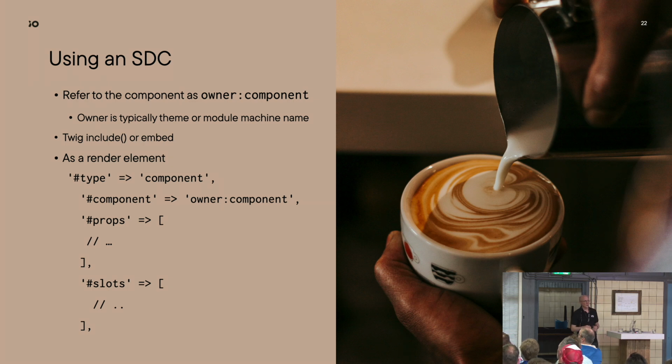So directly from your PHP code, when you would create a render element, you can say, okay, here I want to render a component, and it's owner.component, and then the props are just simple key value pairs, and the slots themselves are again render arrays that will just go into whatever slot you name there.